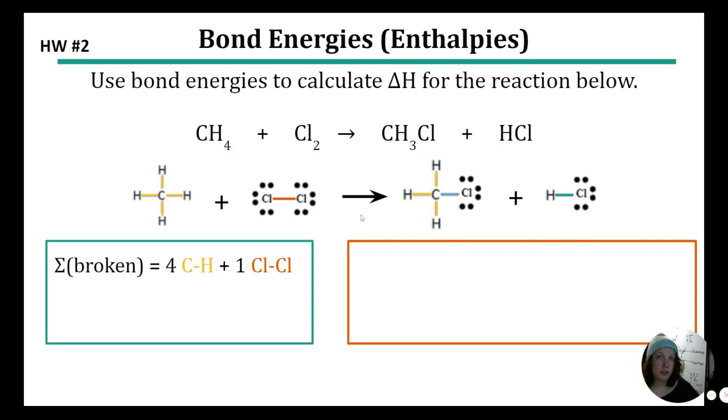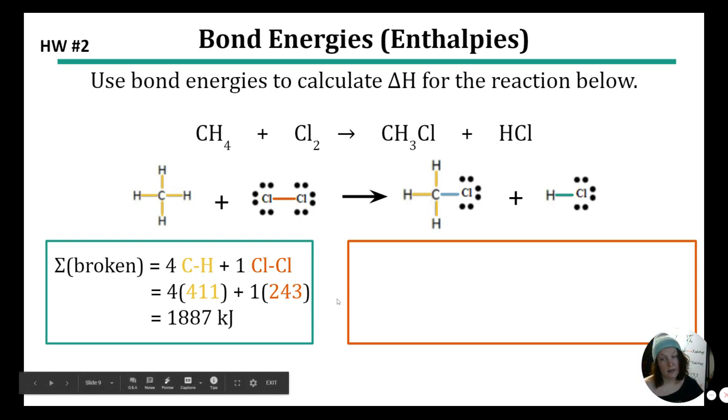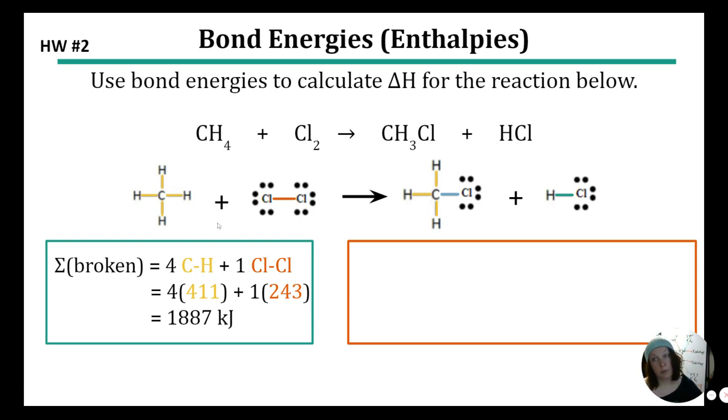I'm going to take a look at my bond enthalpy chart to see what the value of those bonds are. So for one CH bond, it's 411 kilojoules per mole of energy that is required to break or make that bond. And then for a Cl-Cl bond, that's 243 kilojoules of energy per mole. And because we have 4 CH bonds, multiply that value by 4, add those 2 values together, and we end up with 1,887 kilojoules for our bonds broken.